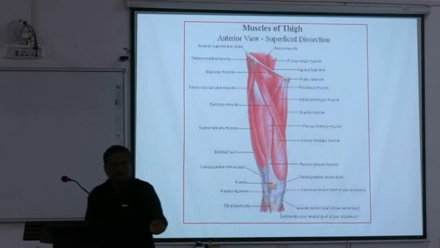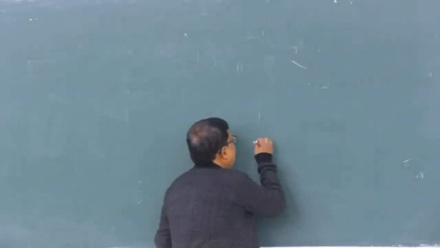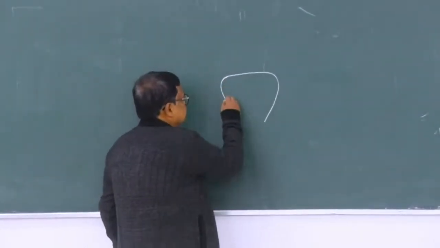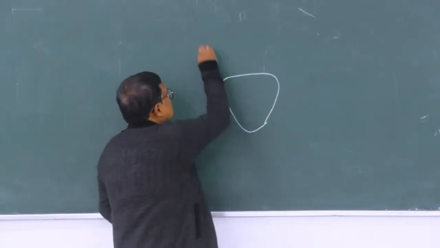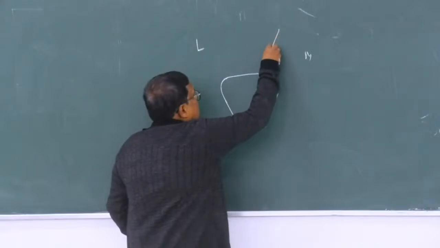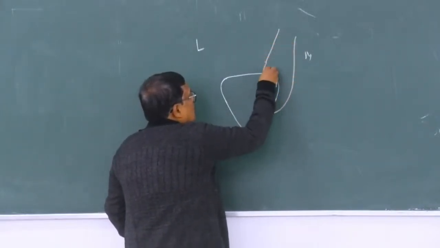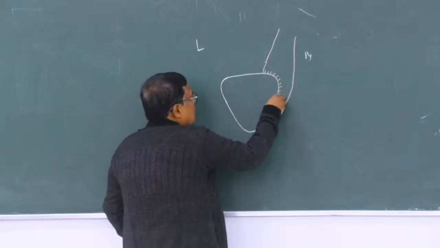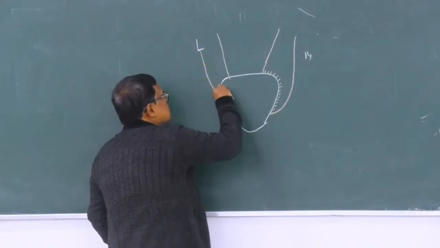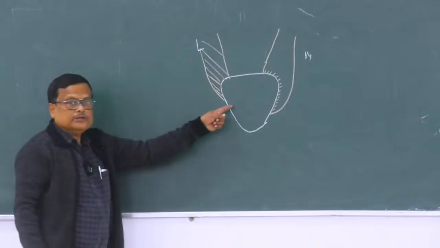More. Is it clear? If this is the patella, this is the lateral side, this is the medial side. Vastus medialis is inserted as a tendon and vastus lateralis is inserted here. Is it clear?